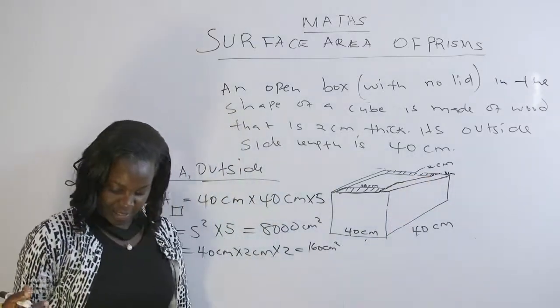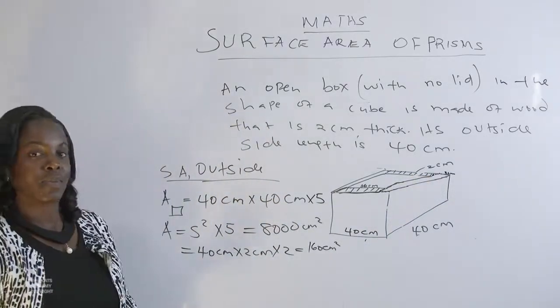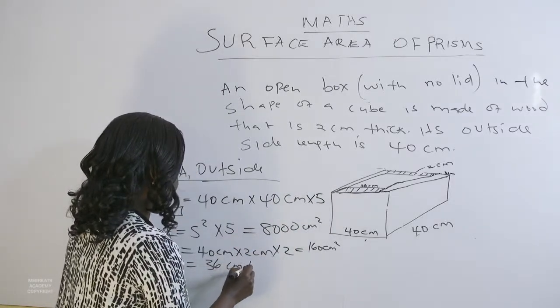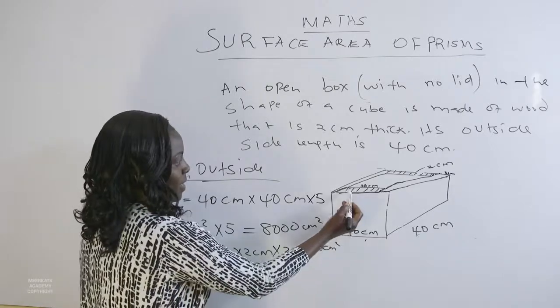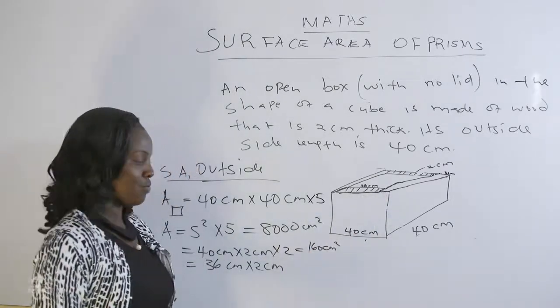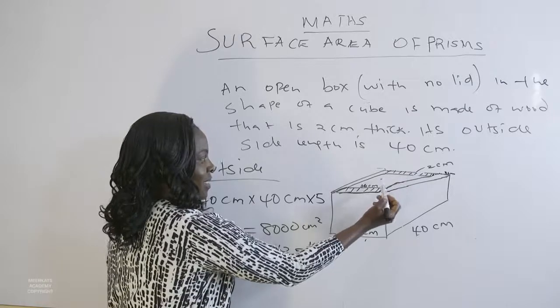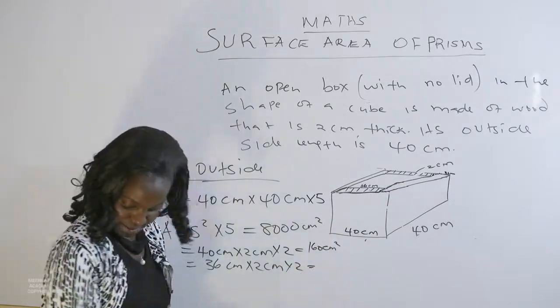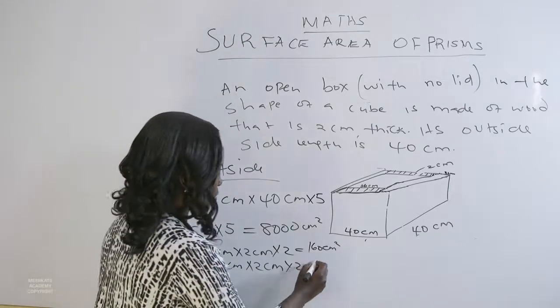So it is 36 by 2. That rectangle is 36 by 2, and the thickness is 2. There are also 2, this side and this side, so we multiply by 2, and that will give us 144.